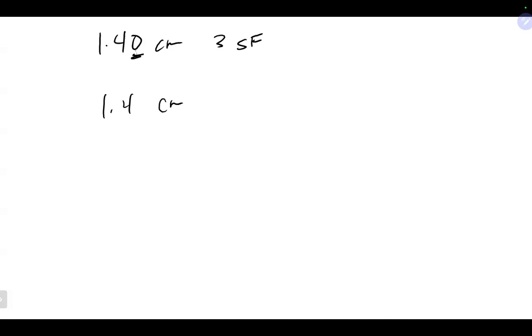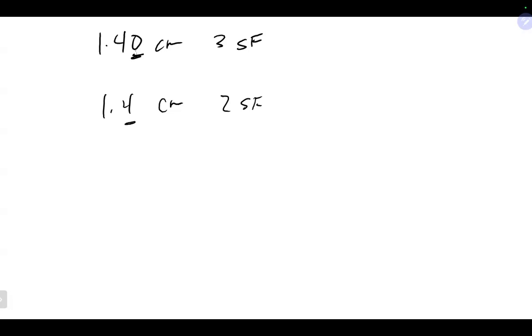So the estimated digit or the uncertain digit is always the last significant figure that there is. Notice I said the last significant figure, not necessarily the number that's written. So it's the last significant figure. This guy at 1.4 would have 2 significant figures, right? Estimated digit would be in this case the 4 there.